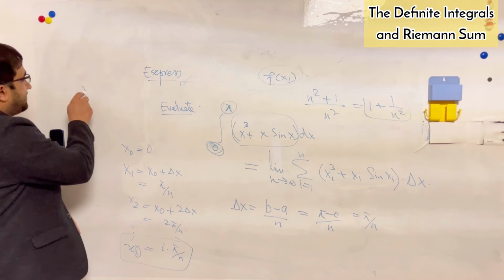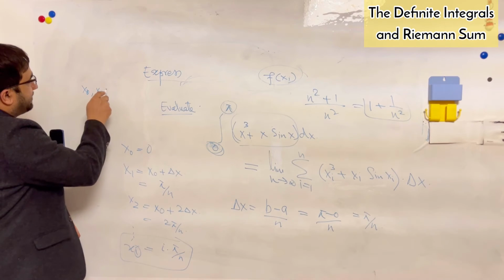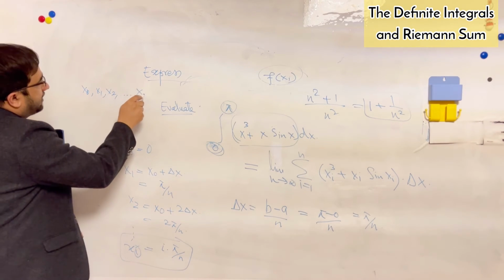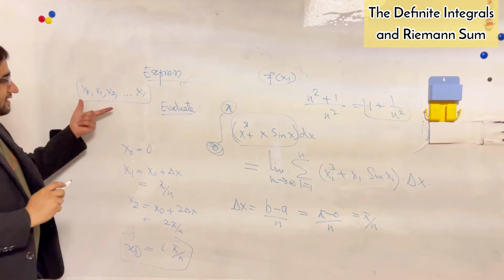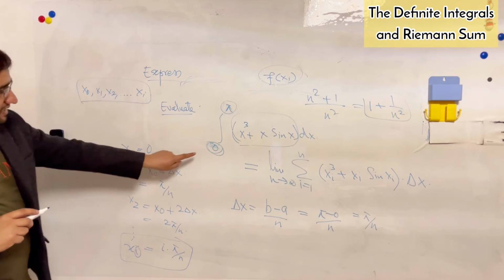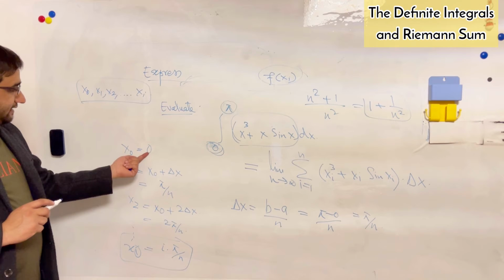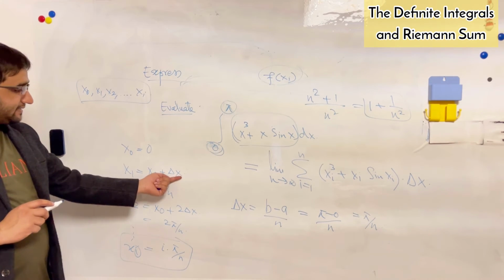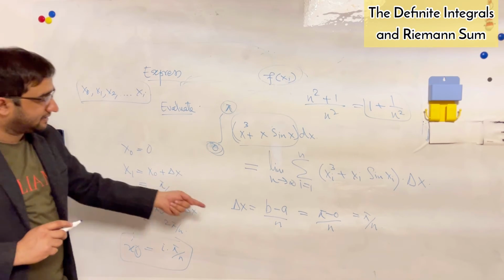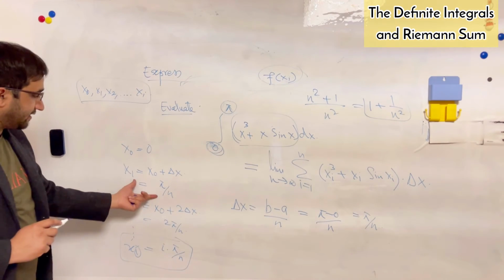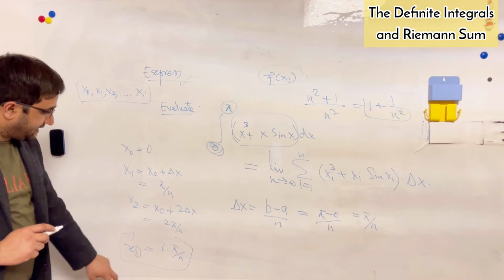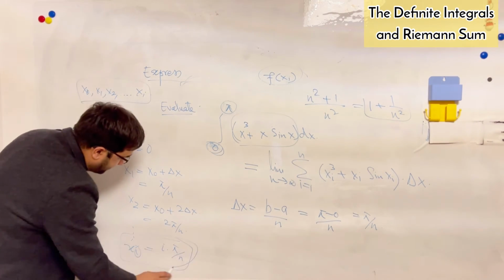And the parts x naught, x1, x2, so on up to xi. How to calculate this? You know this. X naught is the very first point. It is 0. x1 is the first point plus delta x, 0 plus delta x. You know this. Add them here. x2 is this. x3 is this. So you can get xi from here.